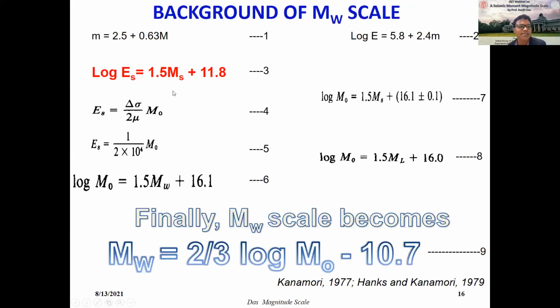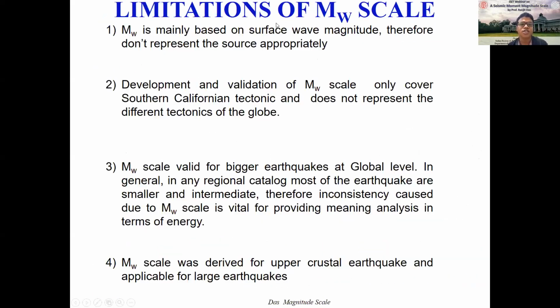See, this is ES = MS. This is the surface wave magnitude, completely based on this equation. So this equation is mainly based on surface wave magnitudes, therefore it does not represent the source appropriately. It is not only that we are talking about; it does not appropriately represent the surface wave. Professor Boore and many other people reported that these earthquakes have limitations in representing the source properly.